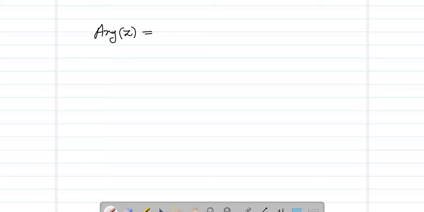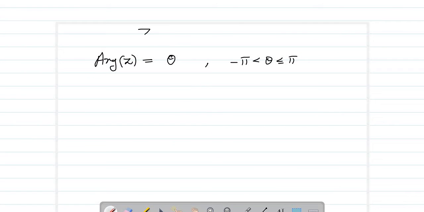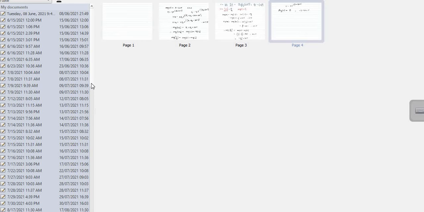Principal argument of z is theta, where minus pi less than theta less than or equal to pi, when you have z equal to r into e power i (theta plus 2k pi). So we will consider only one value which lies between minus pi and plus pi. And yesterday we discussed how to find this principal argument.